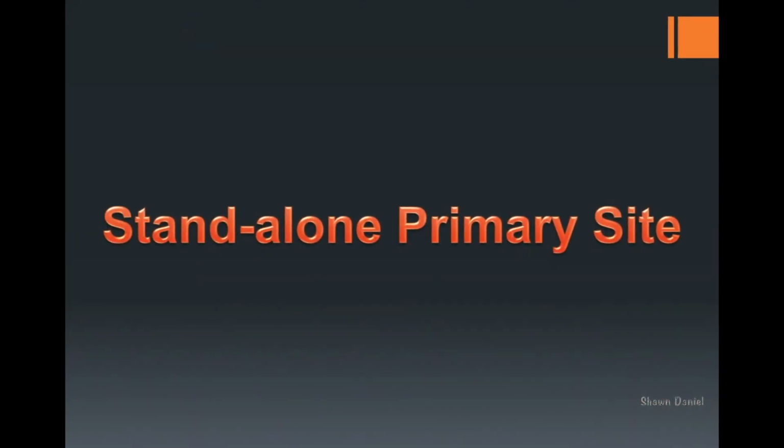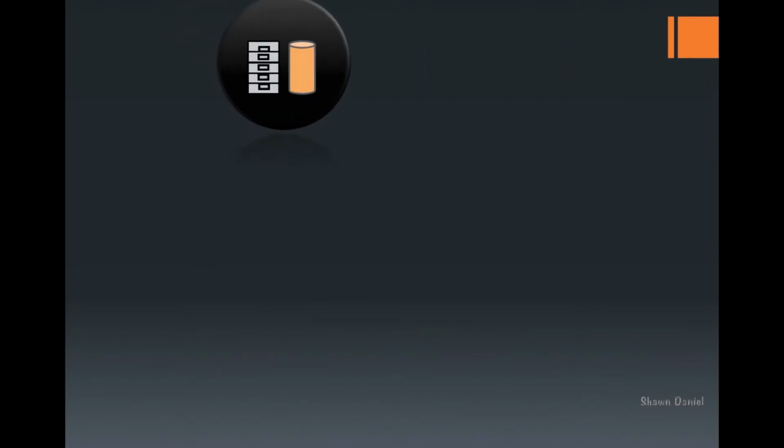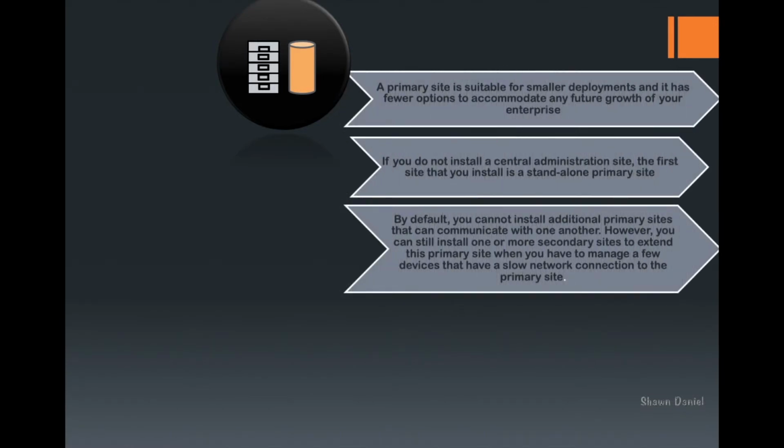Standalone primary site. A standalone primary site will have a corresponding database. A primary site is suitable for smaller deployments and it has few options to accommodate any future growth of your enterprise.